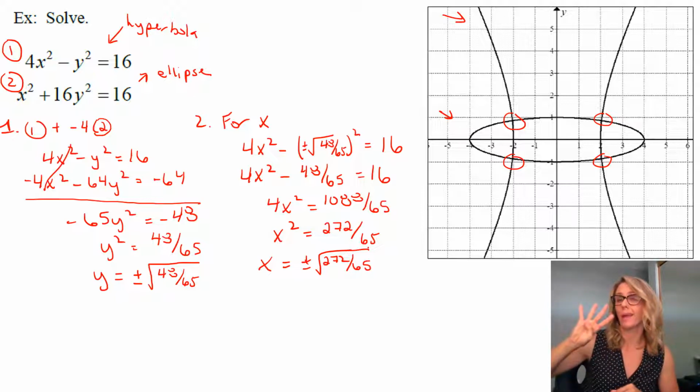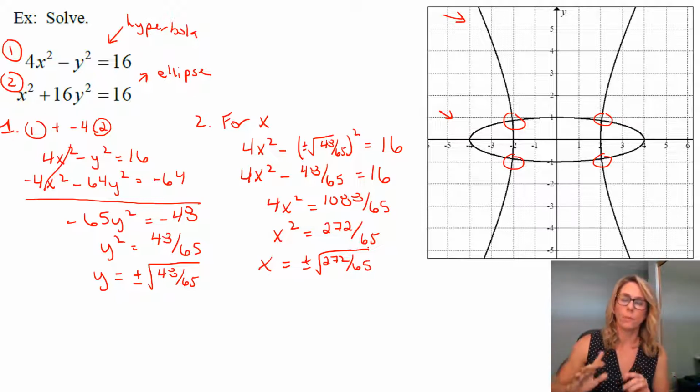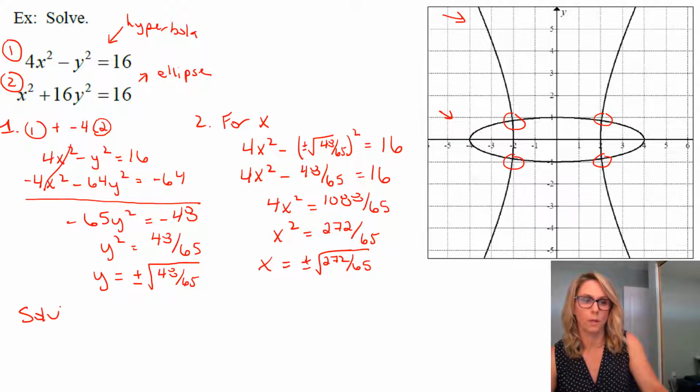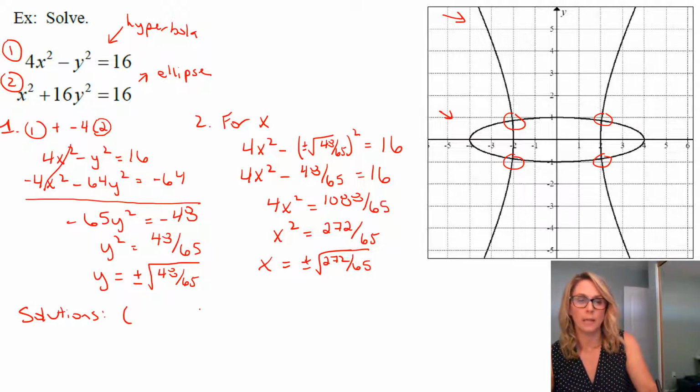So what that tells us is that there are 4 solutions. It's every possible combination. Let me just write the word solutions here, since these are not quite as pretty as some of the other things we've had. What I'm saying is we have 4 solutions.